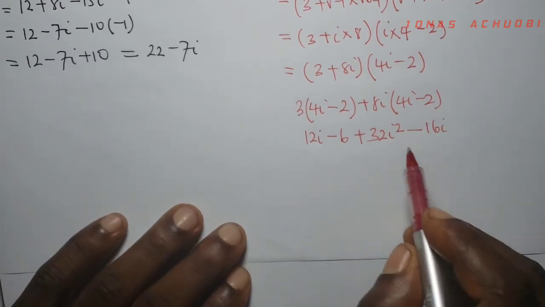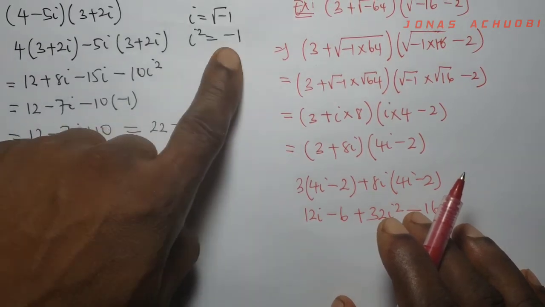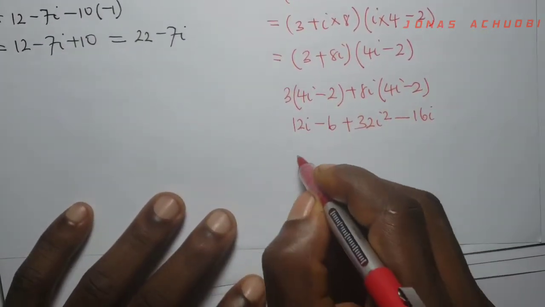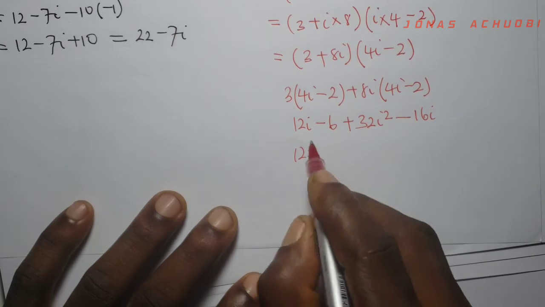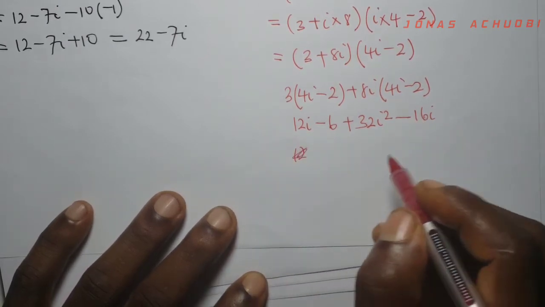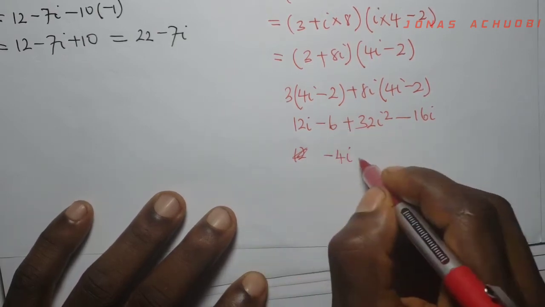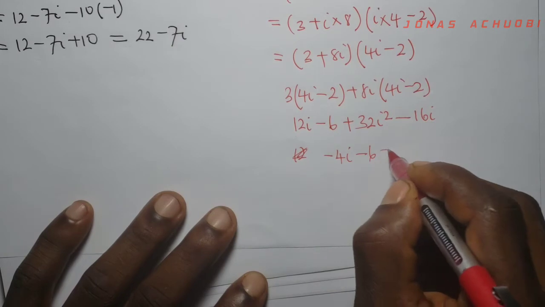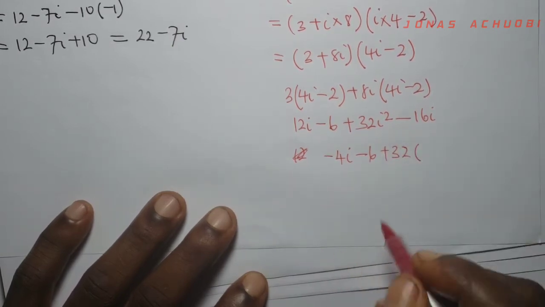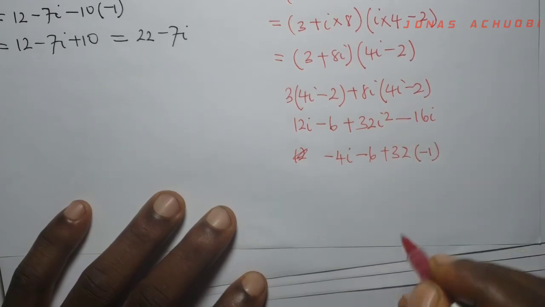Recall again that i squared is equal to what? Negative 1. i squared is equal to minus 1. So 12i minus 16i is equal to minus 4i. So this is minus 4i minus 6 plus 32 into i squared, which is minus 1. So instead of i squared, we'll now replace with minus 1.